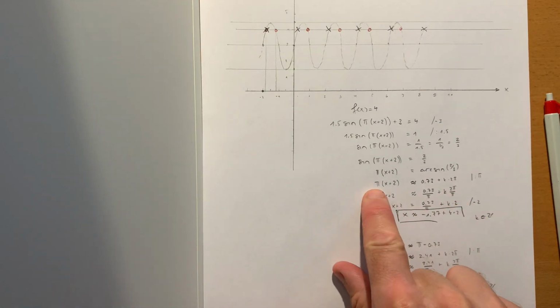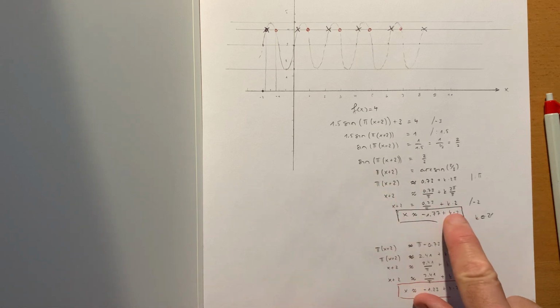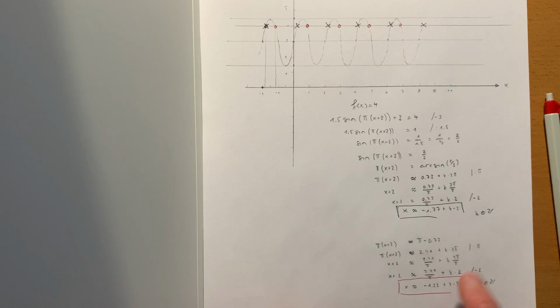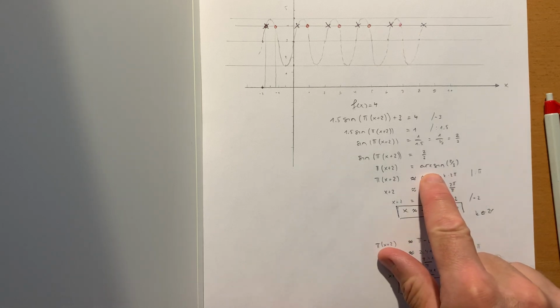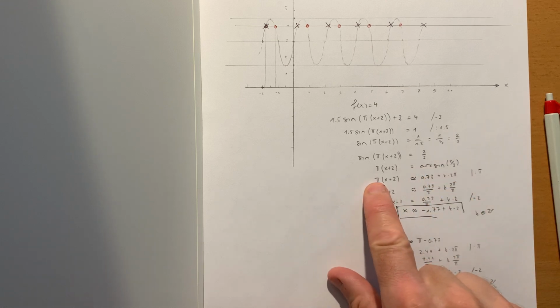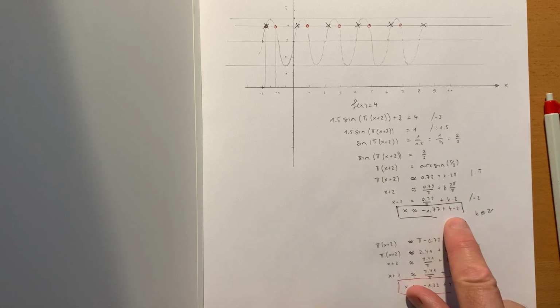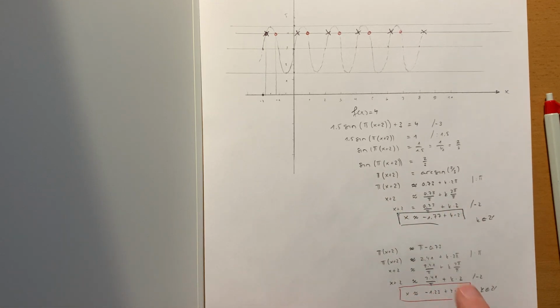And then when you divide by b pi here, you get your new period length, which is 2. So that's crucial. It is crucial. Once you've done your arc sine, your inverse sine, you need to add k times 2 pi. Then when you divide by b, you'll get your new period length. And now we have all the possible x values.